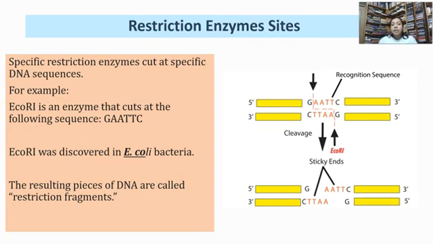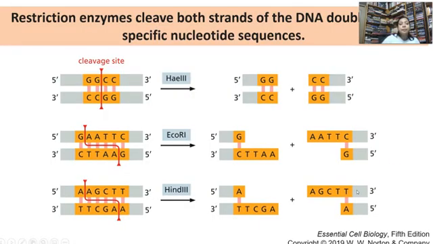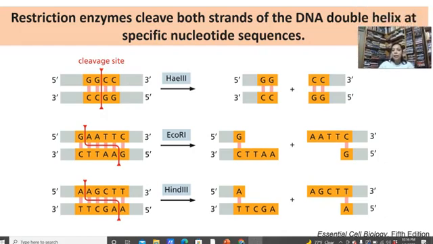So this was first discovered in E. coli bacteria. That's why it's ECO. Whenever you see EcoRI, that ECO is from the E. coli bacteria. The resulting pieces of DNA, these little fragments, are restriction fragments. So, like I said, a restriction enzyme will cleave both strands of the DNA, and they cleave at very specific nucleotide sequences, and that's unique to each restriction enzyme.